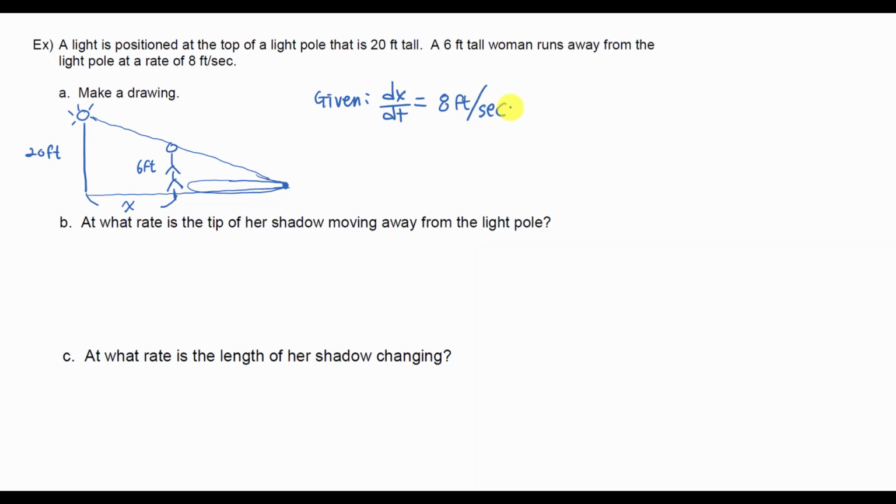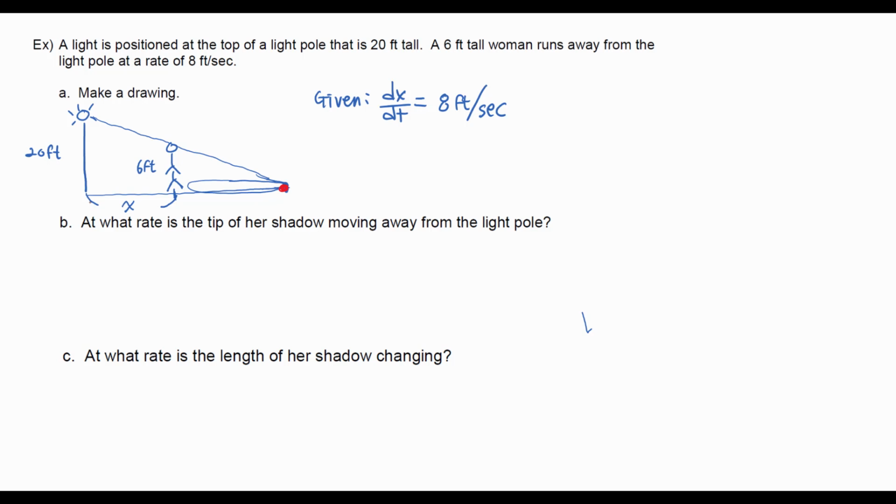Okay, and now at what rate is the tip of her shadow moving away from the light pole? So we said this is the tip of her shadow, and that depends on x, right? Depending on where x is, the tip of her shadow will be changing as well.